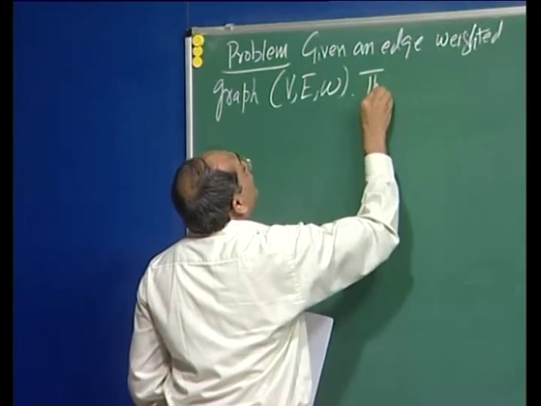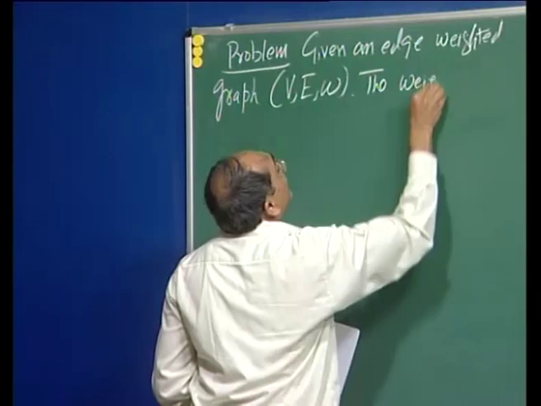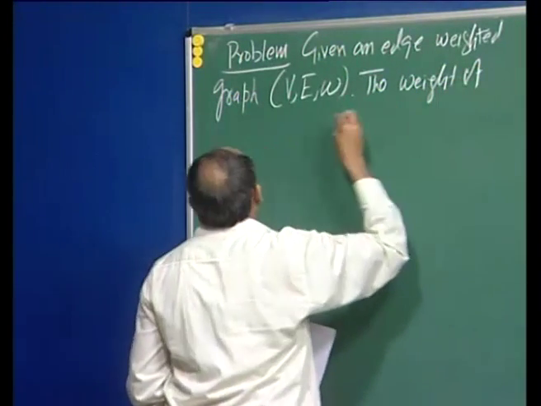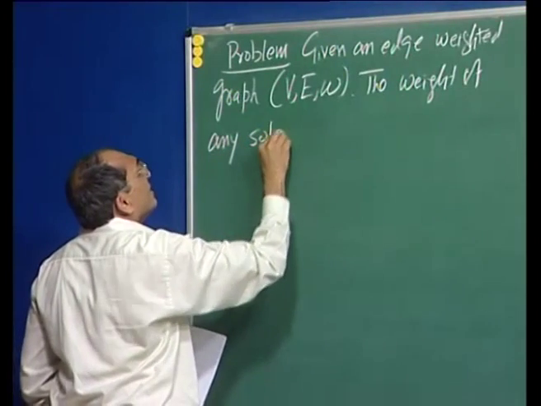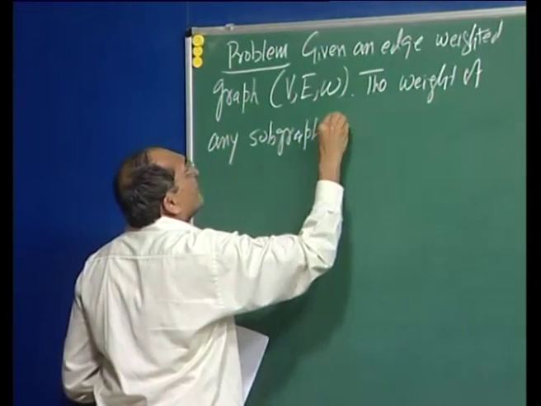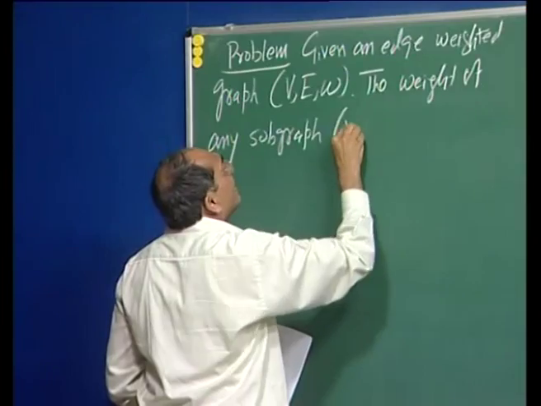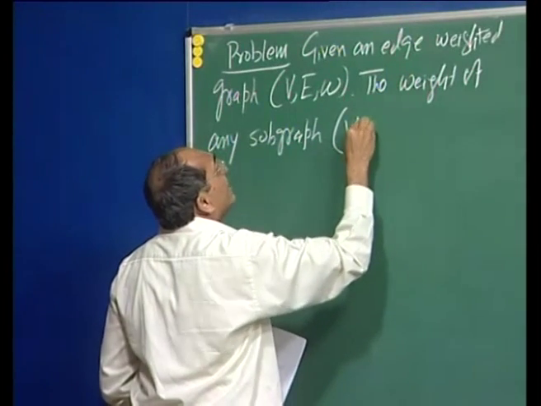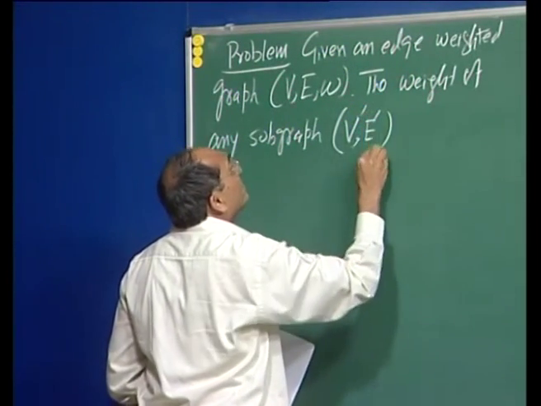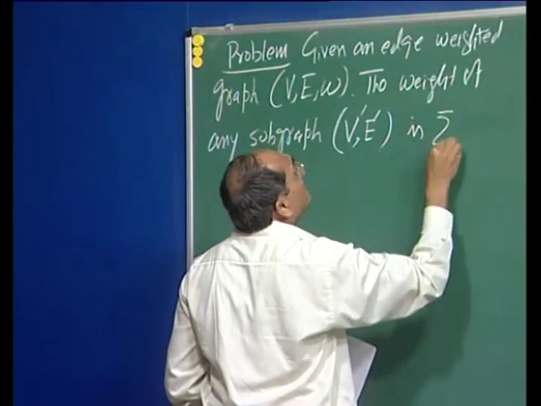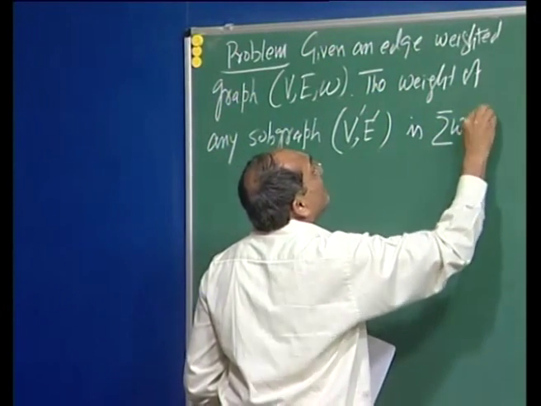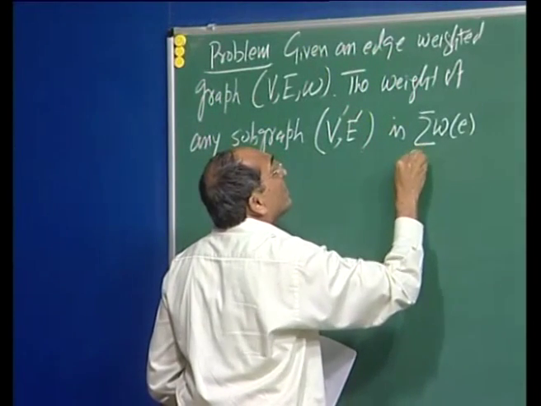The weight of any subgraph (V', E') is the sum of W(e) for e belonging to E'.